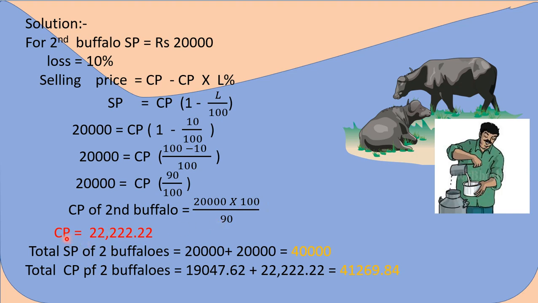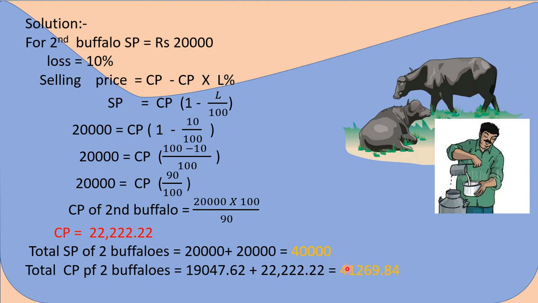So in the decimal form we get cost price is 22,222.22. Now in the previous step we got the cost price of the first buffalo, and here we are getting the cost price of the second buffalo. Now we add these two amounts. For the selling price, 20,000 plus 20,000 is equal to 40,000, and for the cost price, these two amounts, 19,047.62 plus 22,222.22, that is 41,269.84.